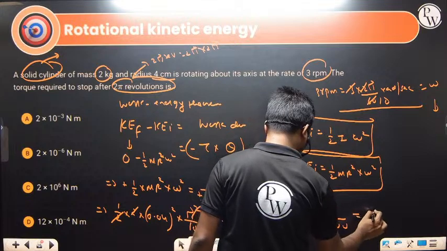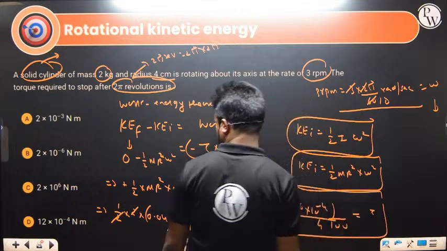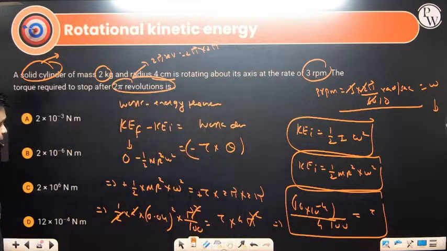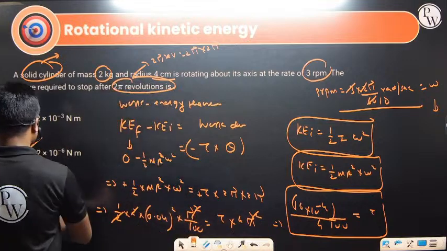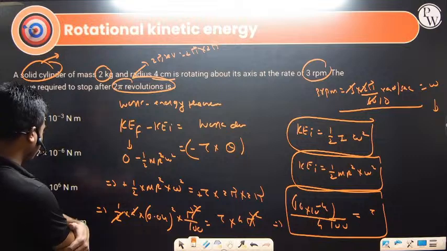So this is tau. As we are getting the order of minus 4, and here we have 100, this will be in the order of minus 6. That's 2 into 10 to the power minus 6.